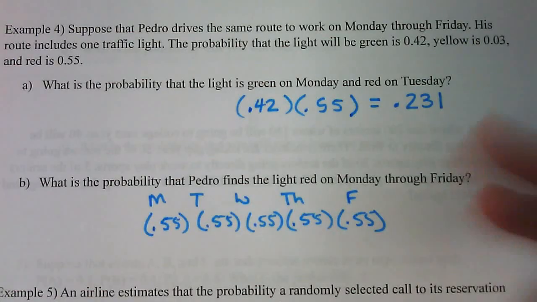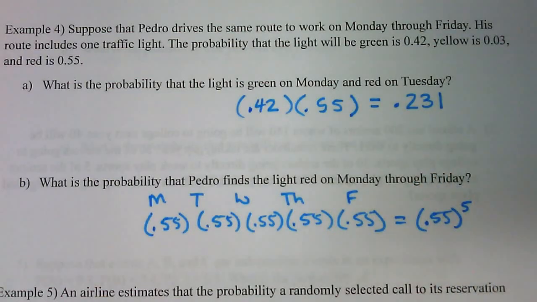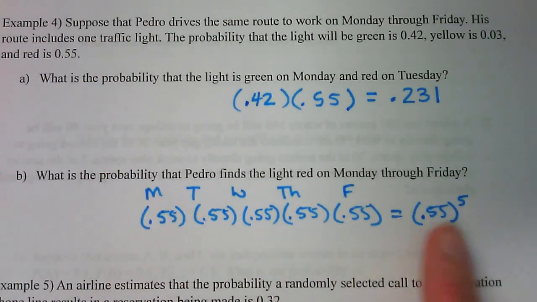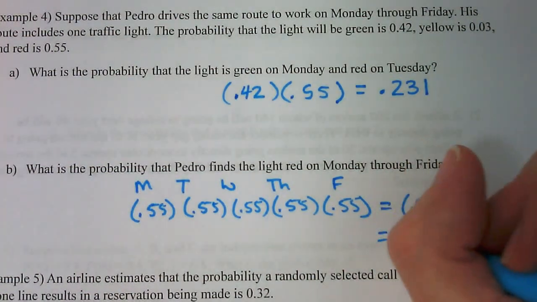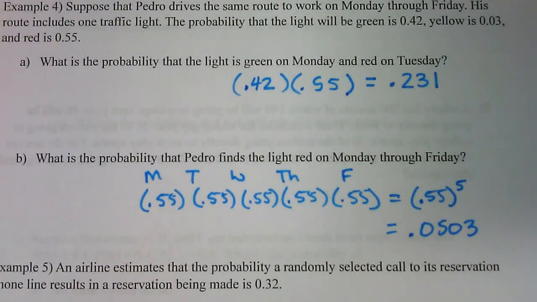So red all 5 days is the same thing as saying 0.55 to the 5th power, because there's 5 of them. So you could enter it into your calculator either this long way or this way. Either way, it should simplify down to 0.0503.